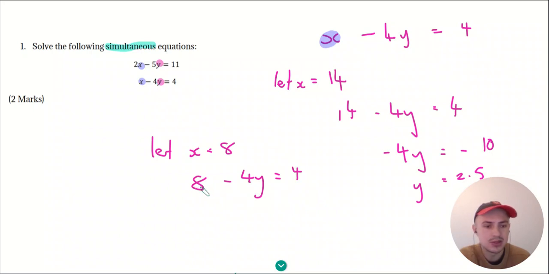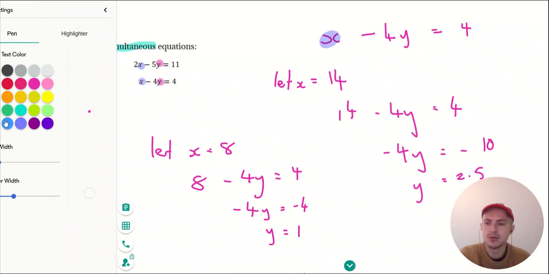So again, we'd solve following the same method, subtract 8 from both sides, minus 4y equals minus 4, divide both sides by minus 4, y equals 1. Which of these is our solution, or the solution? Well, they both work, yeah. They're both correct.